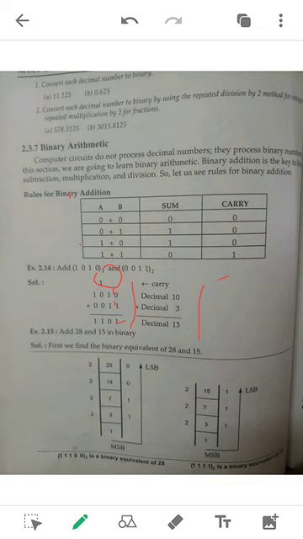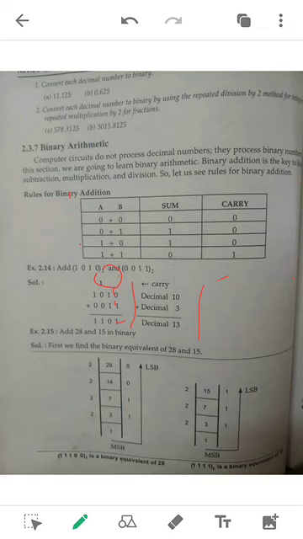The carry is generated after adding 1 with 1, so you get sum 0 and carry 1. Then the third step, you add 0 and 0. You get sum 0, carry 0. Then you add that with the carry, in the third step.